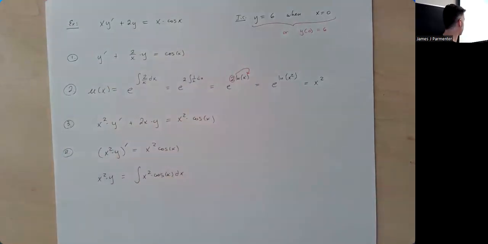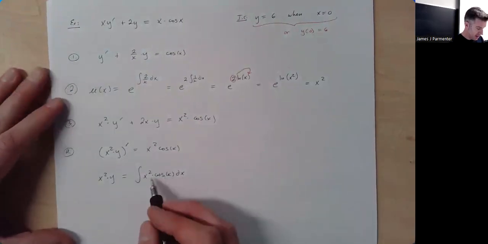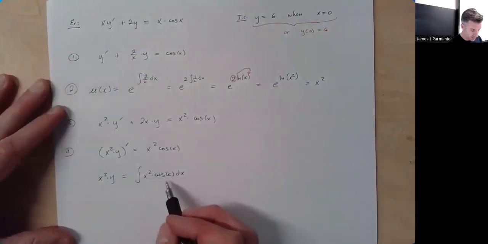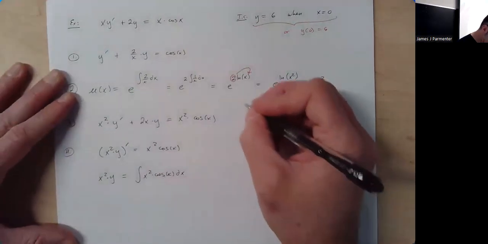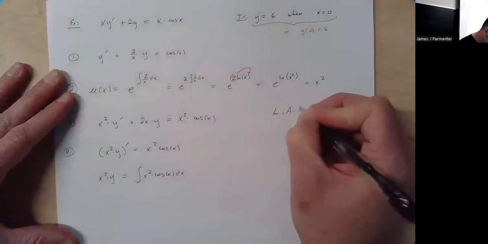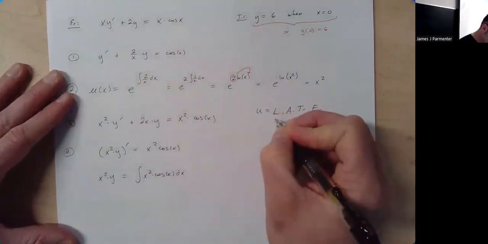And this is a great opportunity to use the tabular method, because here you would have to do integration by parts twice. Looking at this, I know that my u should be the x squared and my dv should be the cosine x, right? I'll remind everybody of the LATE acronym. This is how you choose u if you're doing integration by parts. First you choose a logarithm.